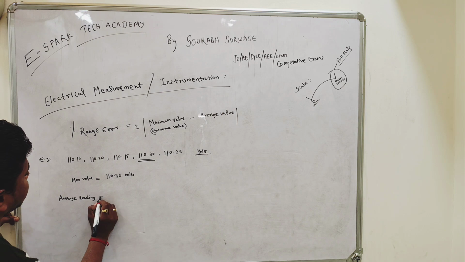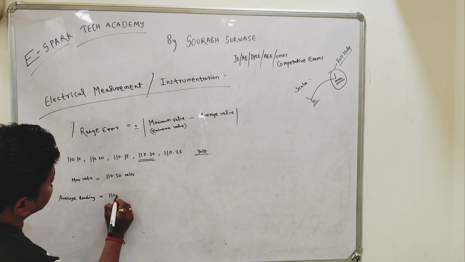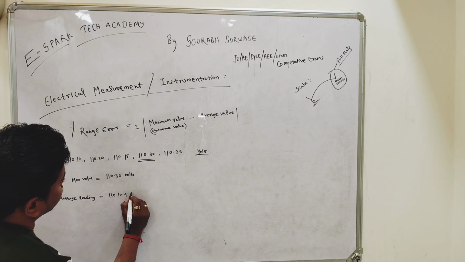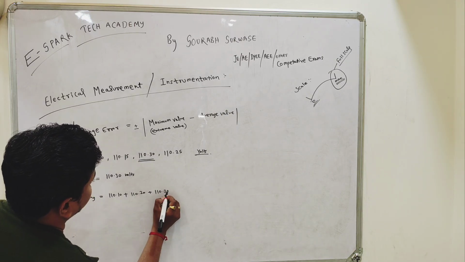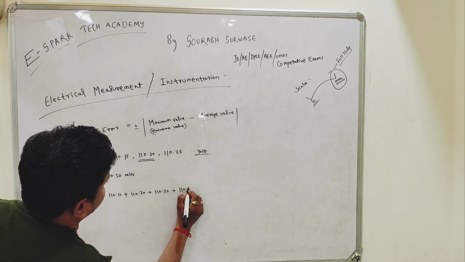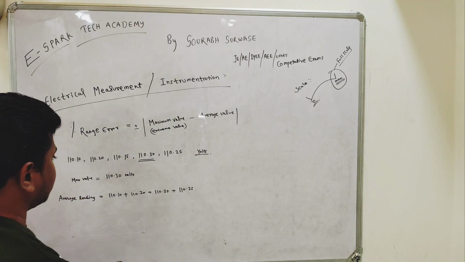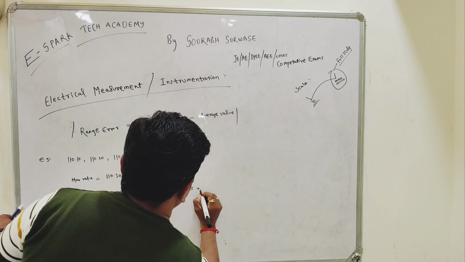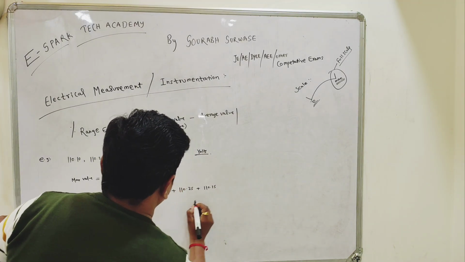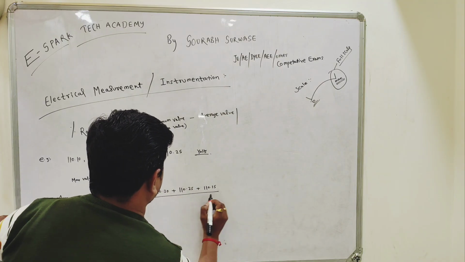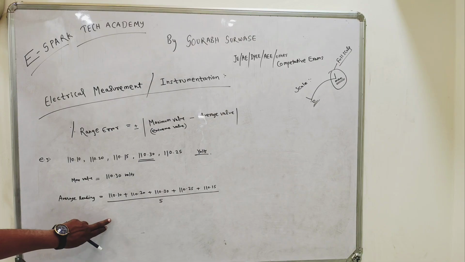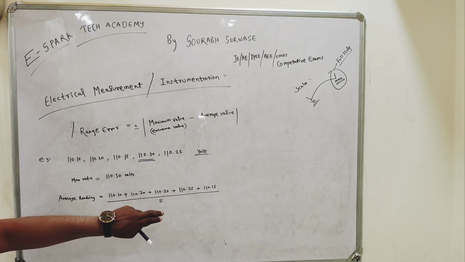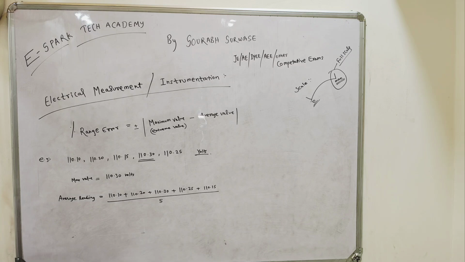Average reading will be 110. All these readings will be added and divided by number of readings, 5. This is nothing but a simple average formula: summation of all the readings divided by number of readings.